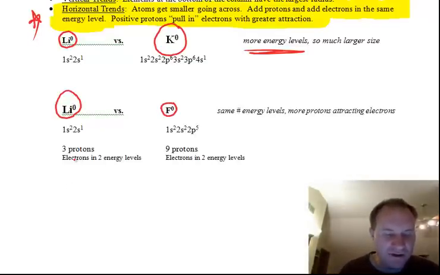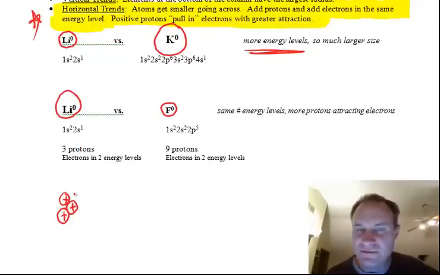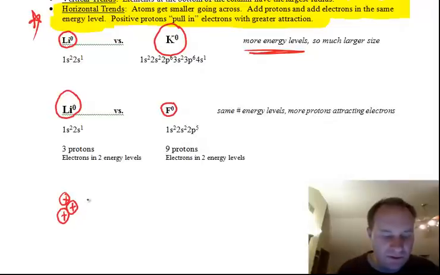If we visualize 3 positive protons, and we're dealing with kind of like a rock concert, we have a 1s2 and a 2s1. I'm going to draw it in like it is a rock concert.